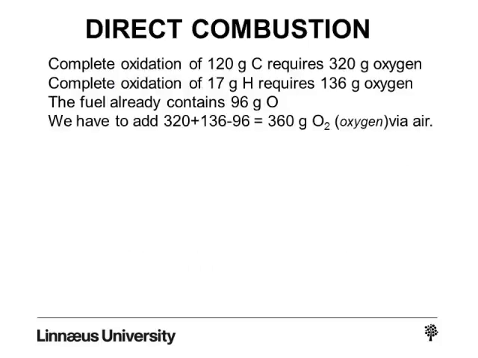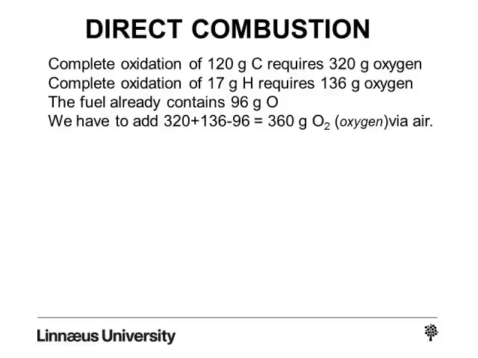Now we have this model fuel, and let's then see what happens in case we want to combust that fuel. We know that one carbon atom for complete oxidation requires exactly one molecule of oxygen. And we can use that to calculate that 120 grams of carbon will require exactly 320 grams of oxygen.